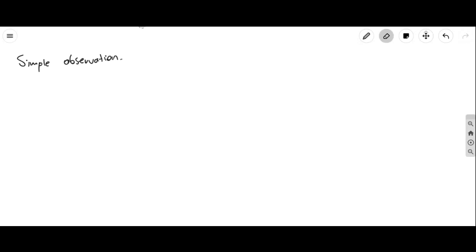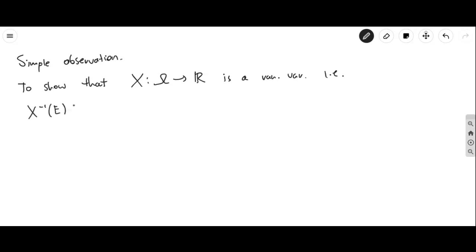But in general, you do have to verify that the pullback of an event is an event. So this is the simple observation. To show that you have a random variable, i.e., that the pullback of an event belongs to the sigma algebra for every event, so for every Borel set. Okay, so this is a Borel set. This is a subset of the real line. And when you pull it back, this is a subset of the sample space.